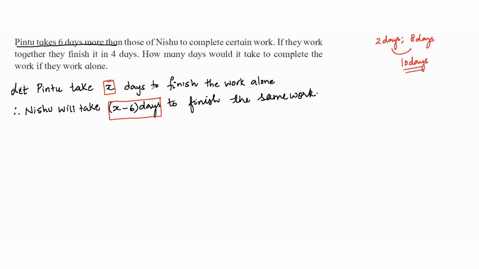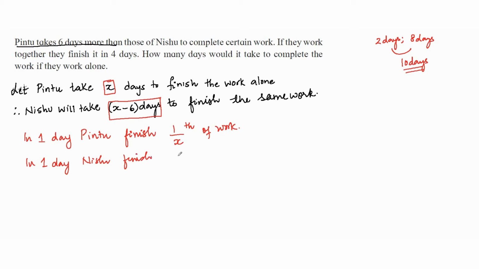So if Pintu takes x days to finish the work alone, in one day Pintu will finish 1 by x of the work. Similarly, in one day Nishu will finish 1 by x minus 6 of the work.